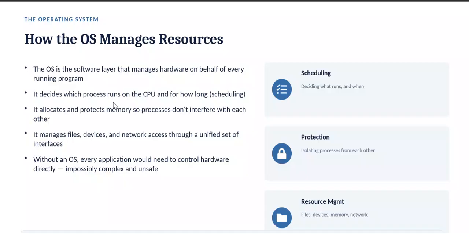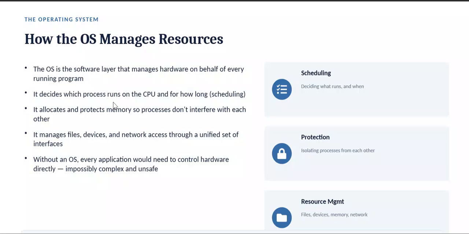So the operating system is like the middleman, and it also manages files, devices, and network access through a unified set of interfaces. Without an operating system, every application would need to control hardware directly, which is impossibly complex and unsafe.